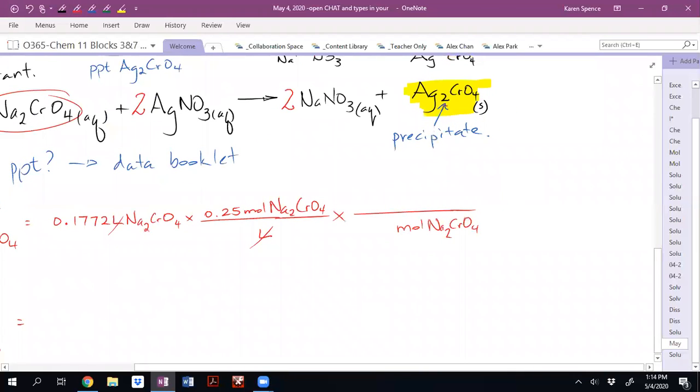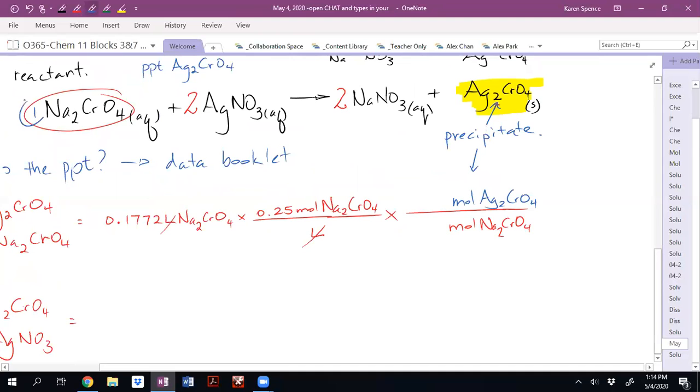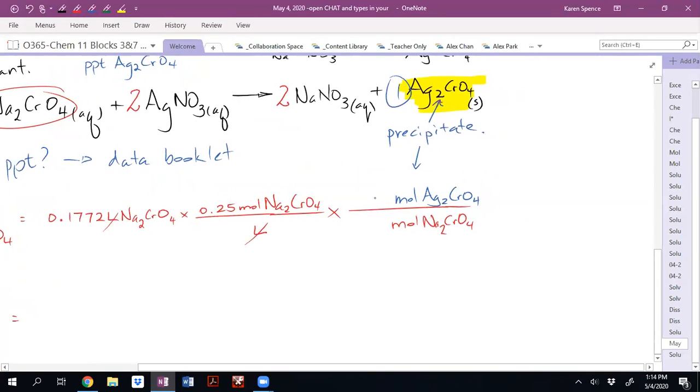And remember, we're going to choose to find the moles of the precipitate, which is the Ag2CrO4. Okay, and that gives us a 1-to-1 ratio because there's no coefficients there, so it's a 1-to-1 ratio. And we get 0.2215.